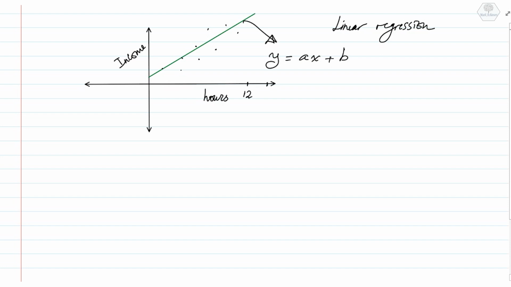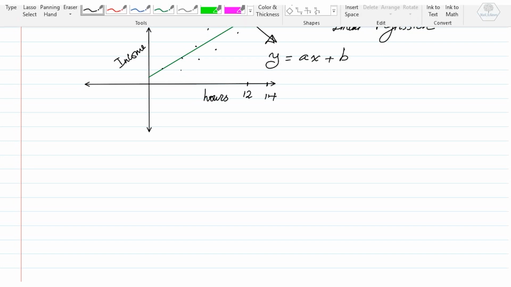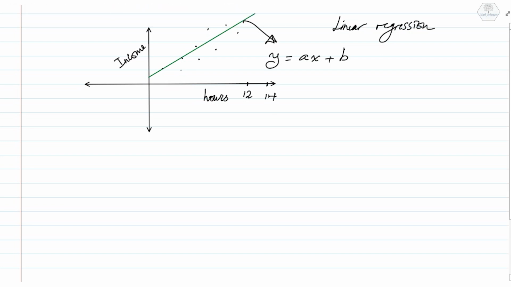And I want to know if someone works 14 hours, what will be his income? So his income or her income will be somewhere here. This point, I can find it using my line of regression. Simply I substitute the 14 instead of the x, and I can find my value of y. So linear regression and finding the line of best fit is for prediction purposes or for model creation.